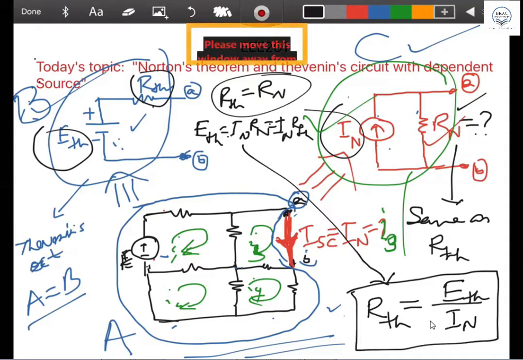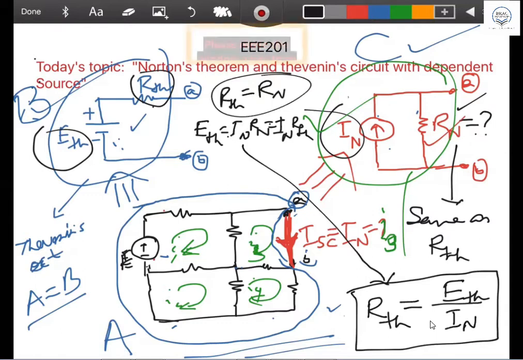Okay, so this is the conclusion we can also get from the Thevenin and Norton equivalence: the relationship for R Thevenin. Remember, this relationship will be required at the end of today's class.